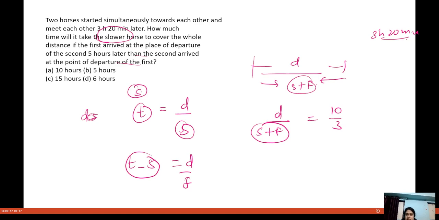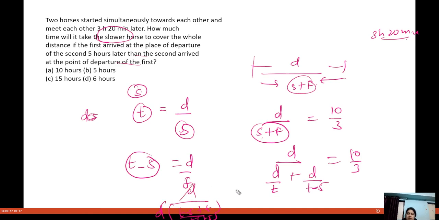We can write S as D by T, and F as D by T minus 5, and this equals 10 by 3. So now we have T minus 5 plus T divided by T into T minus 5. So D will get cancelled and this is equal to 10 by 3.